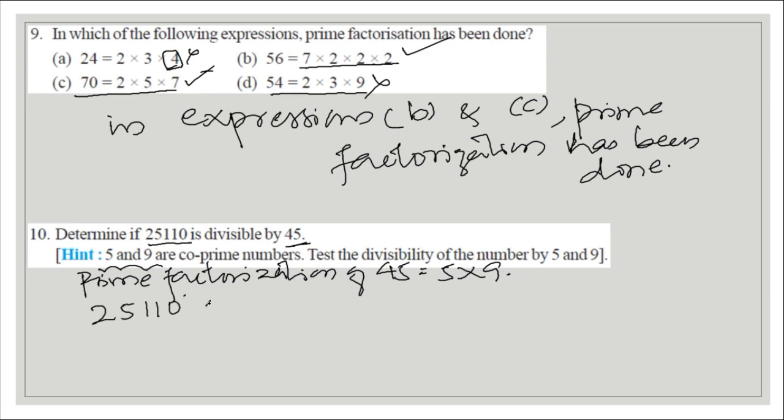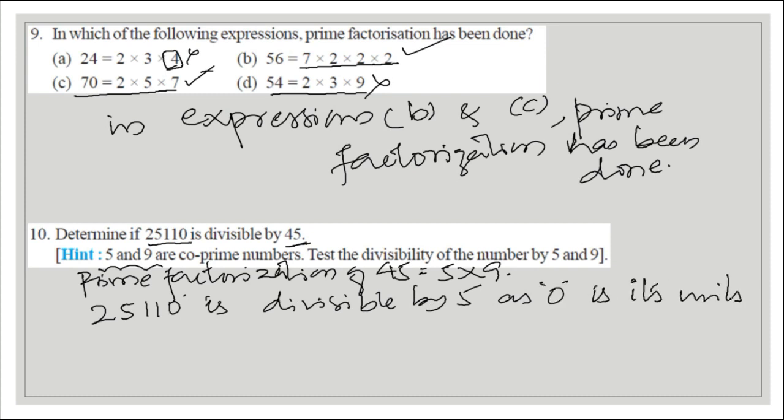25110 is divisible by 5 because 0 is its units place. When the number has 0 in the units place, it's divisible by 5.